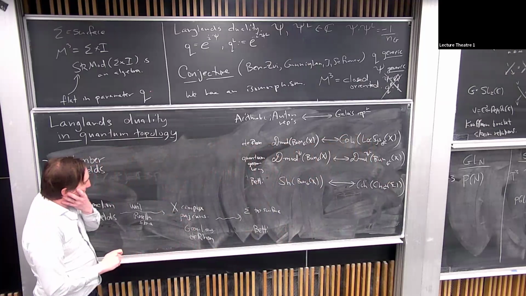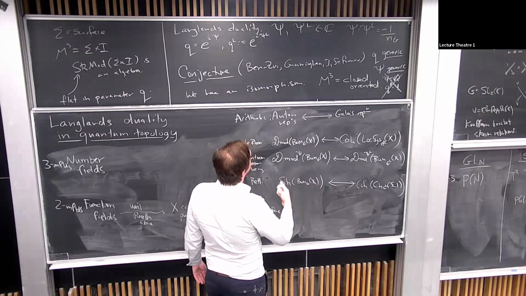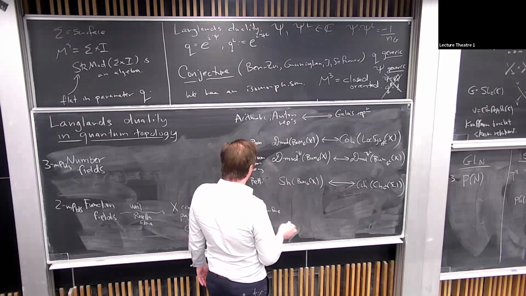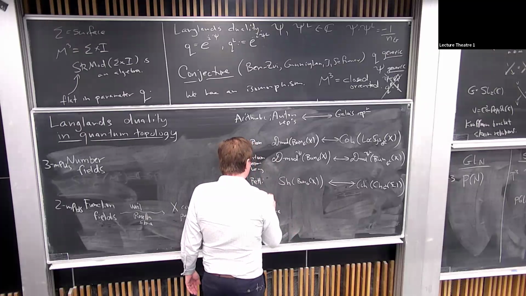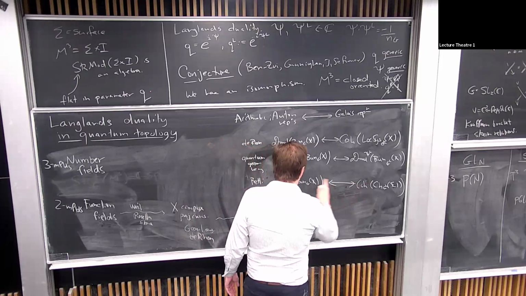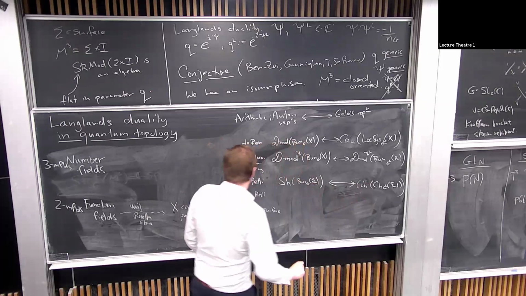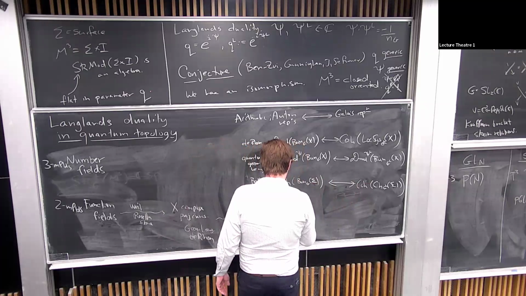And so for some time, I was working with all these people, also David Ben-Zvi and Adrien Brochier, on a quantum Betti story, but for surfaces. Okay, so there's a version of this where you can put the same thing.